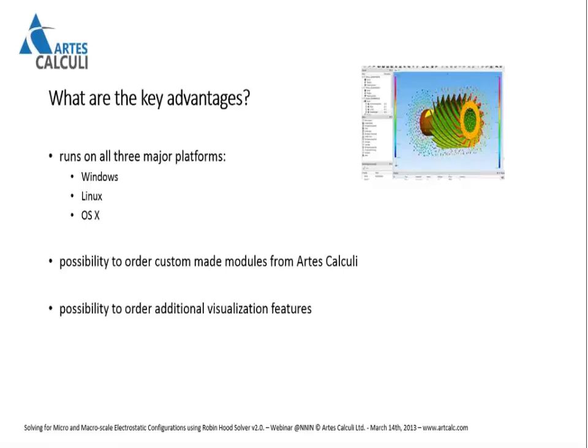The same goes for additional visualization features. As you will see later in the presentation, we already have great visualization capabilities, but if you need additional visuals and additional representations of the result, we can also write and deliver them in an additional module for Robin Hood Solver.